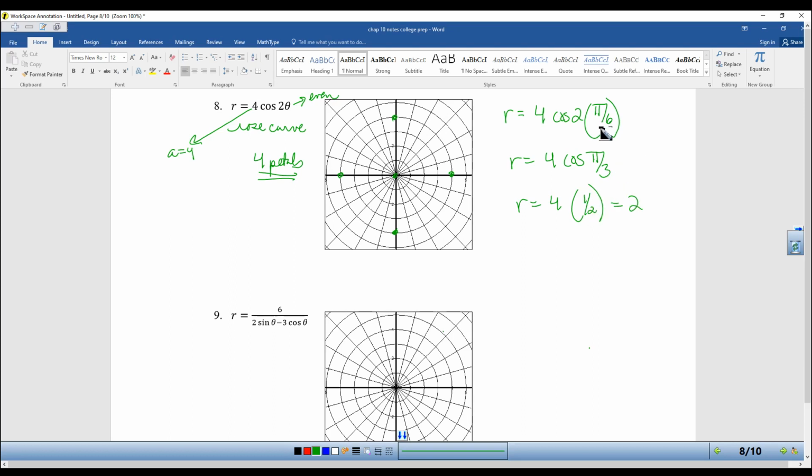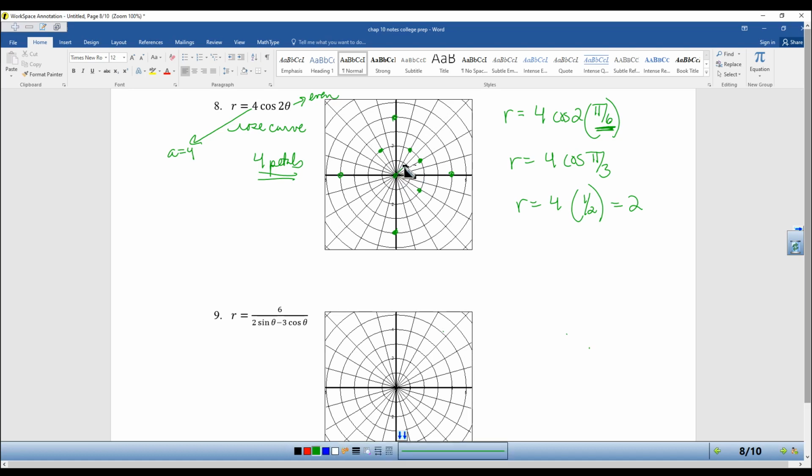So not at pi thirds, but at pi 6, that's what I ended up plugging in. It comes out to be 2. So here's my pi 6 line, and it's 2. I can use that for every single petal. So go to pi 6 for all of them and put it out at, oh, that's not 2, that's 3. Okay, and put it out at 2.